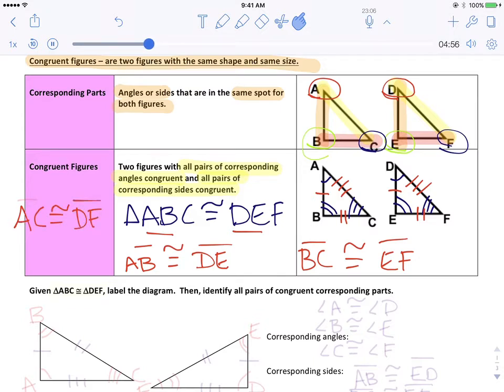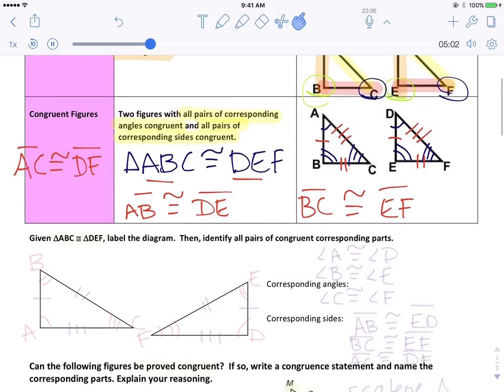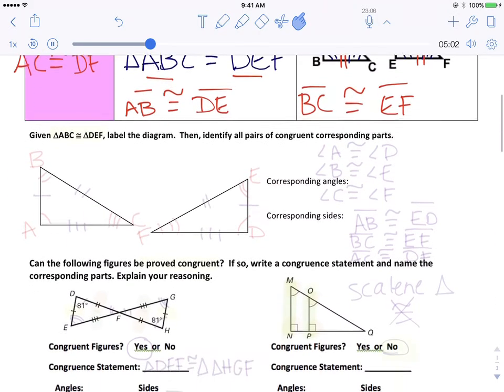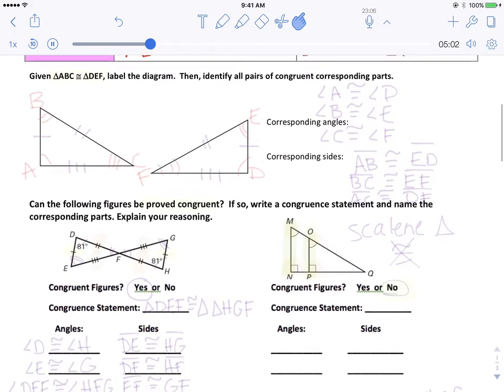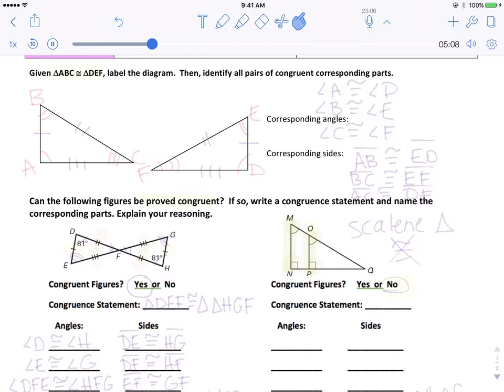And remember that when we're writing congruent statements, we always want to use the segment notation above the letters, so that tells us that we're talking about that line segment AC being congruent to that line segment DF.